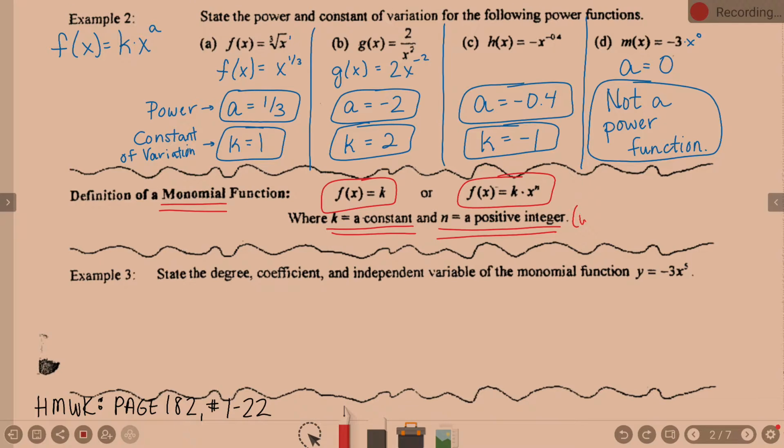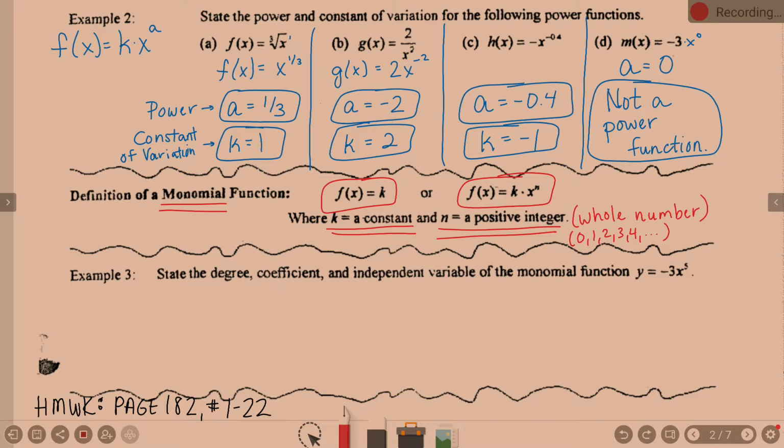The wording we used in the previous lesson was whole number. So here we're talking only positives, whole numbers, no fractions or decimals. So your examples are 0, 1, 2, 3, 4, and so on. So monomial: whole number powers, and it can include 0. Power functions, up at the top of the notes, anything but 0.